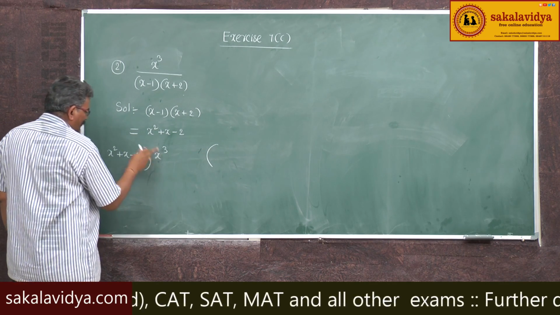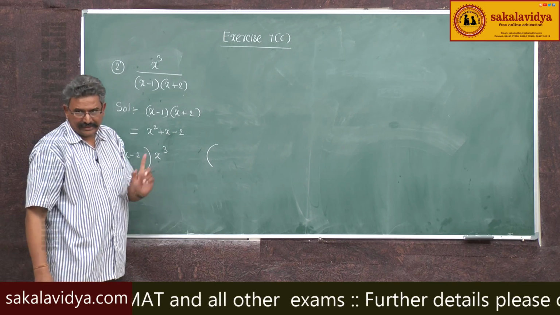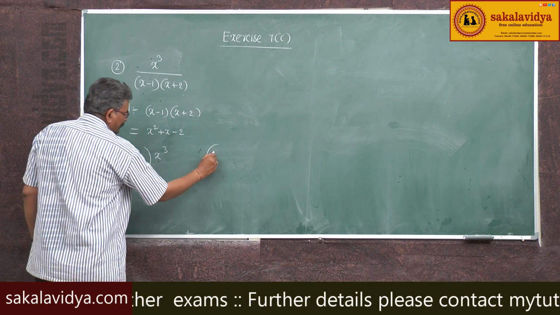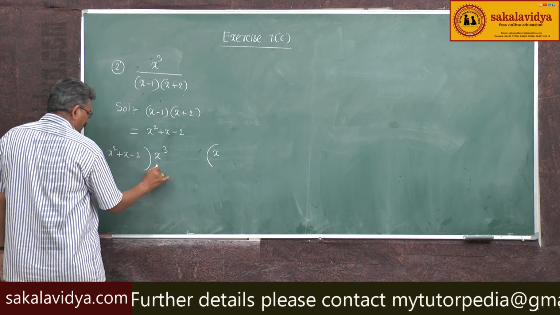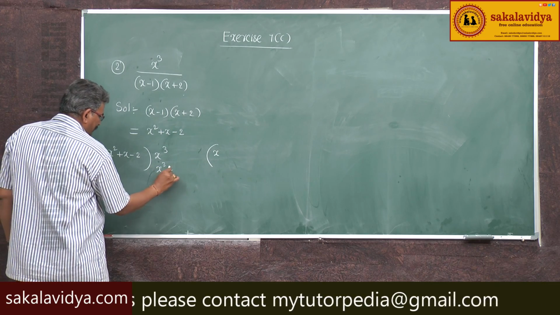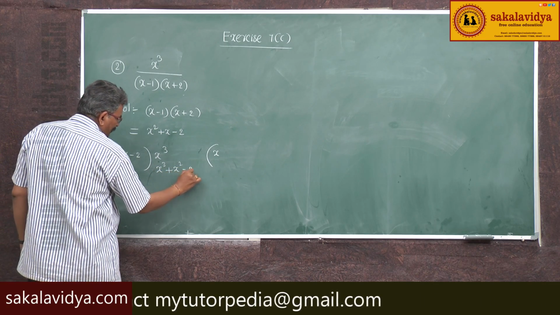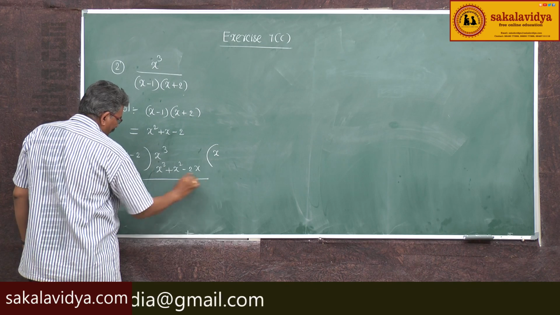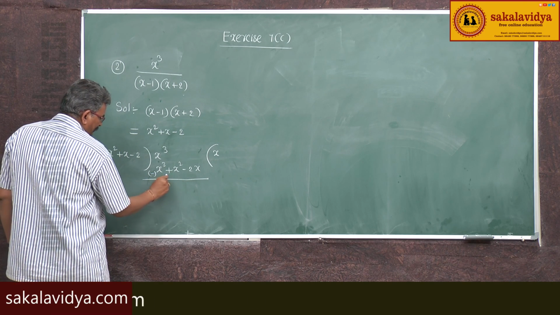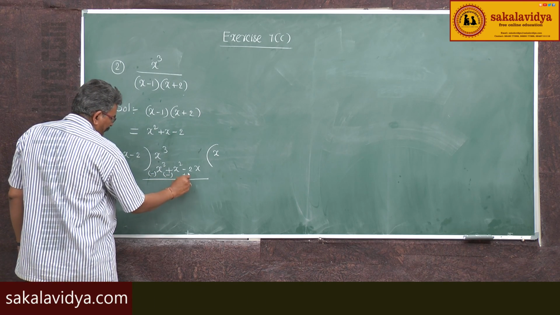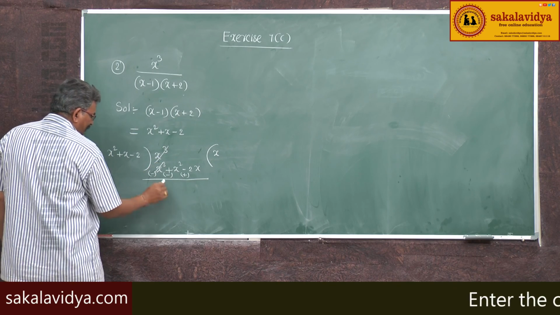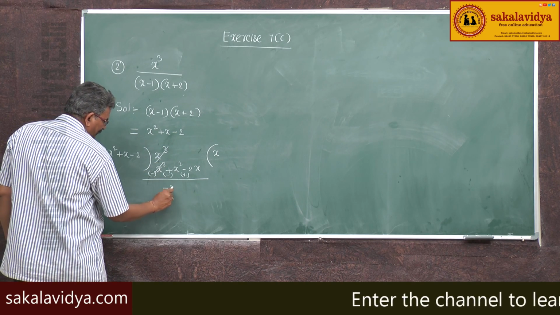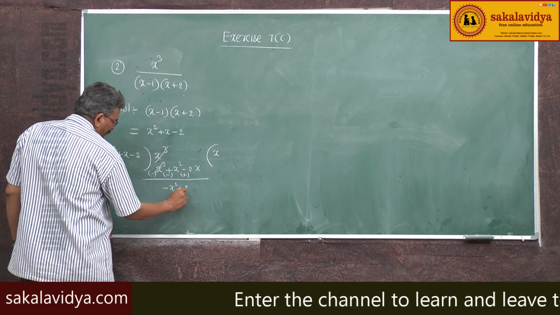Now, x cube divided by x square is x. So, here x into x square plus x minus 2 gives x cube plus x square minus 2x. Let us subtract it. These two get cancelled. We have minus x square and plus 2x.